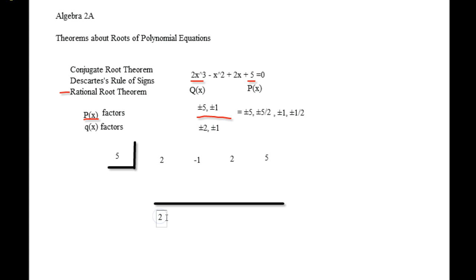So I have the 2 down here. So 2 times 5 is 10. So this becomes 10. This becomes 9. 5 times 9 is 45. Okay, that's getting big real fast. I somehow don't think that 5 times 47 is going to be -5. Alright, so that doesn't work. So I know that that is not one of the answers. So I can go ahead and erase these and get rid of that.